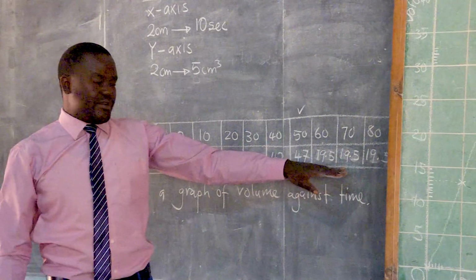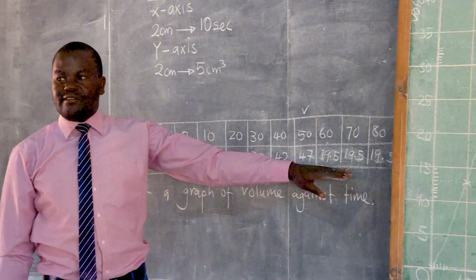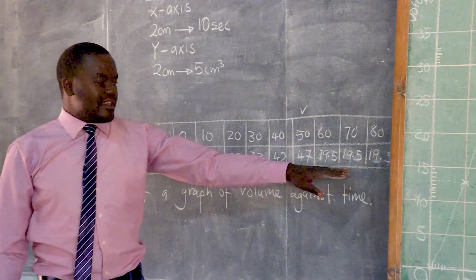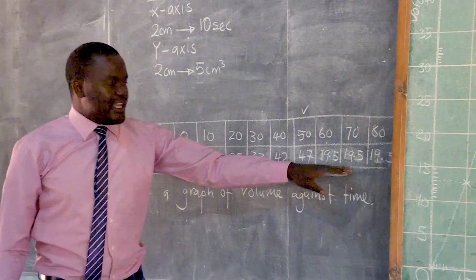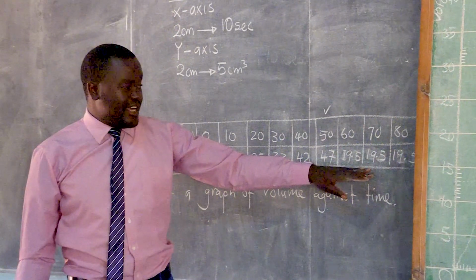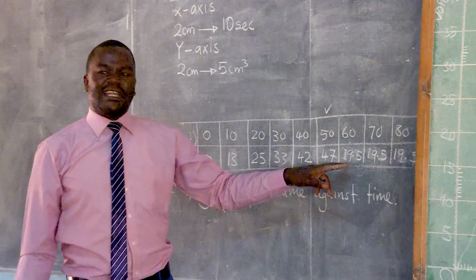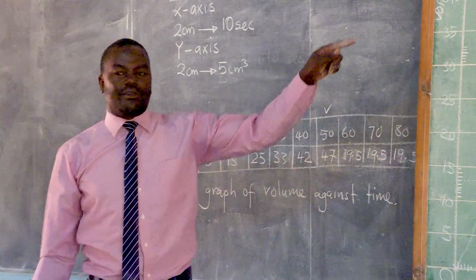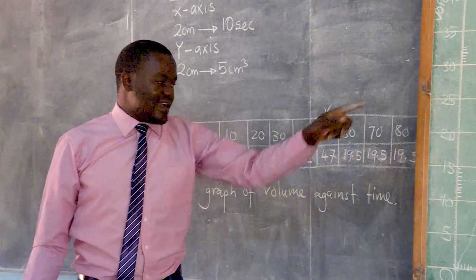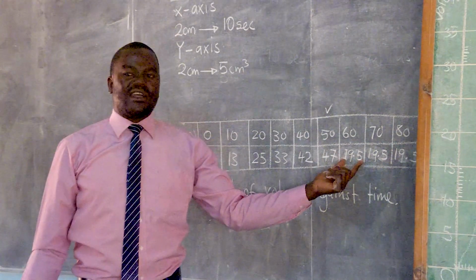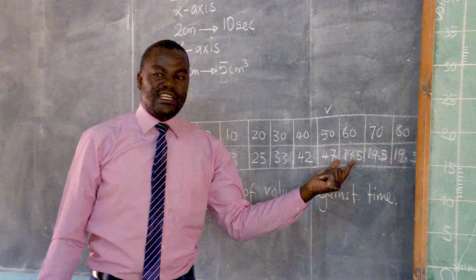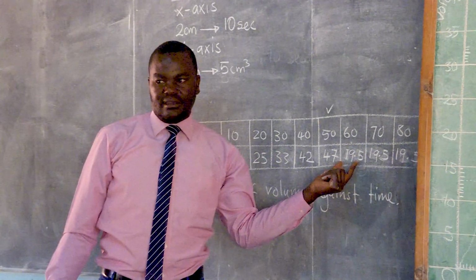For you to work out with this, the 19.5 will be very difficult for you. So the best is you manipulate it. How do we manipulate it? You round off this to the nearest 20. But it does not mean that the 20 will be plotted on the graph. Our graph only goes up to 19.5.